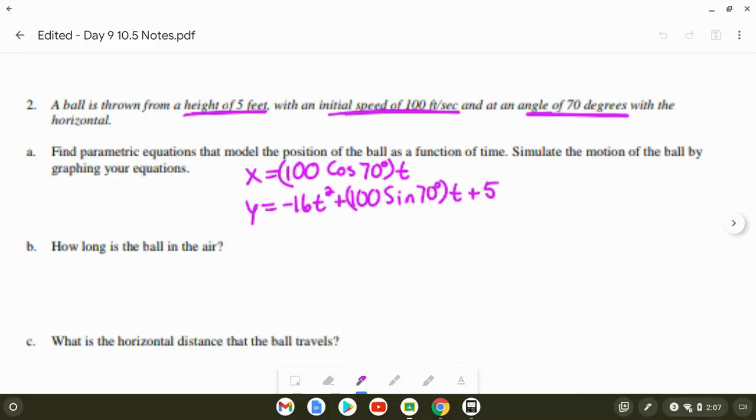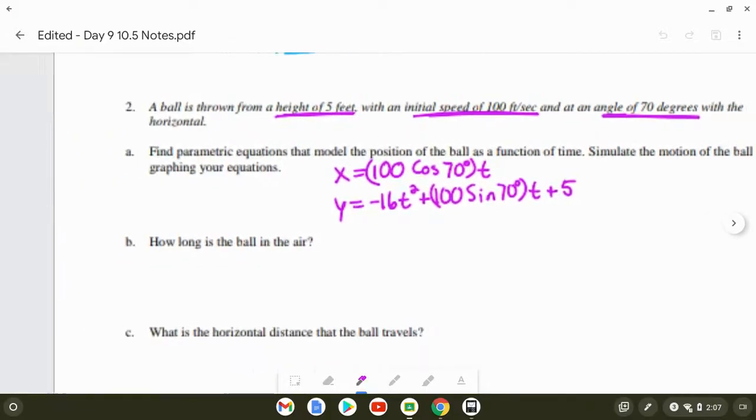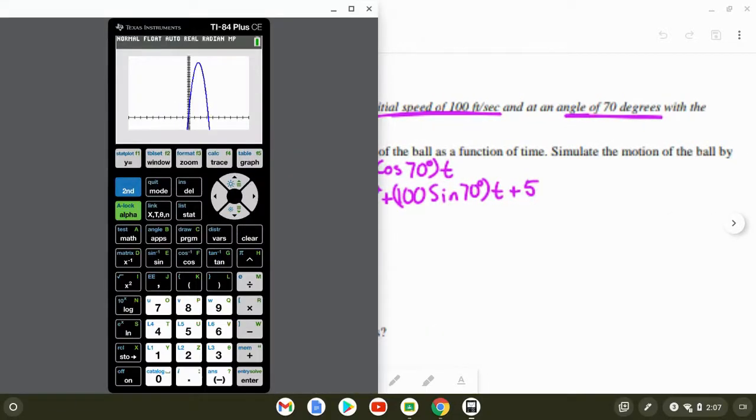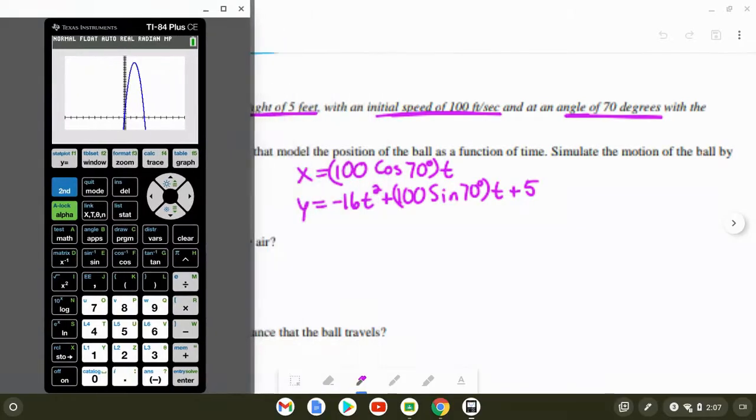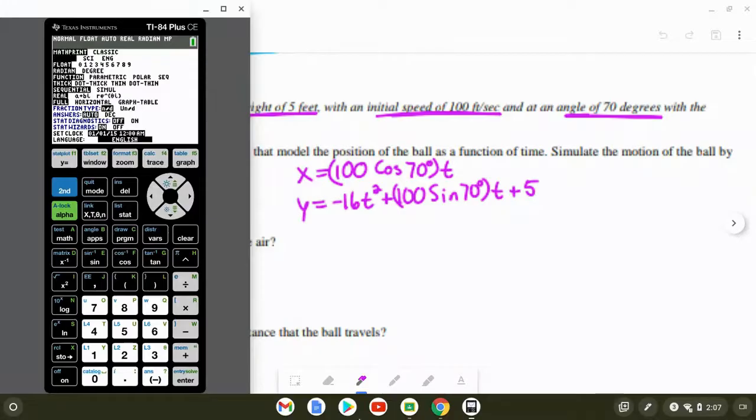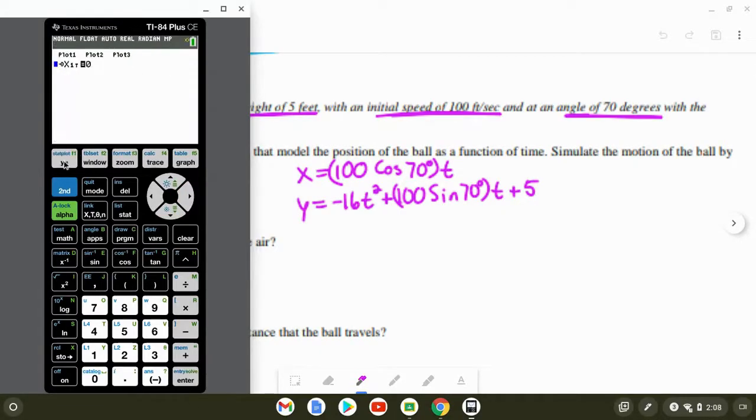When we go to actually graph it, notice that the horizontal position will actually change. So now when we go back to our calculator here, we need to go back into our parametric mode because we're going to simulate the motion of the ball. So we're going to go here, back to parametric mode, go to our y equals. We have 100 cosine of 70.